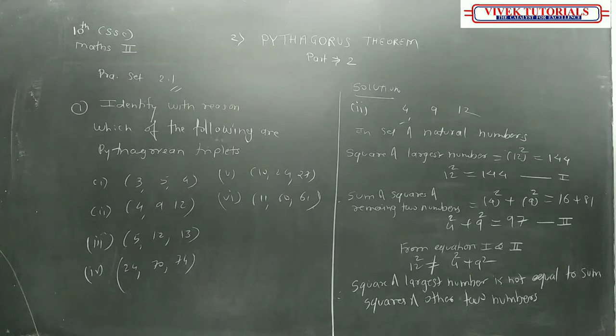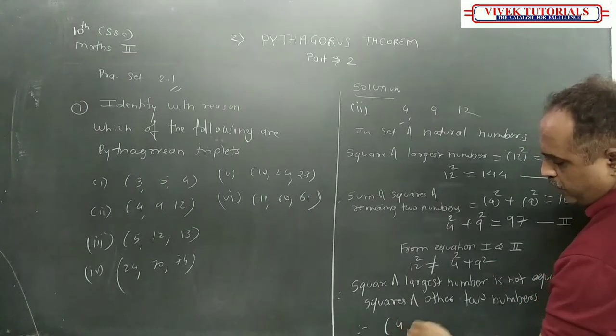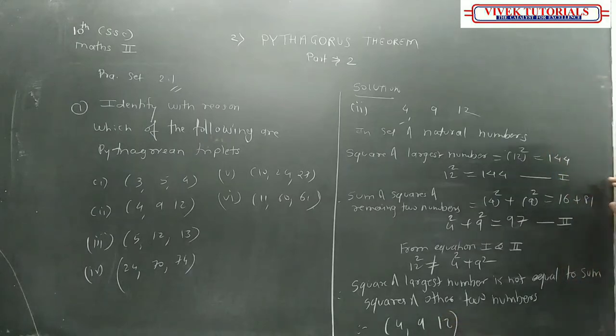Therefore, what I can write then? 4, 9, 12 is not a Pythagorean triplet.